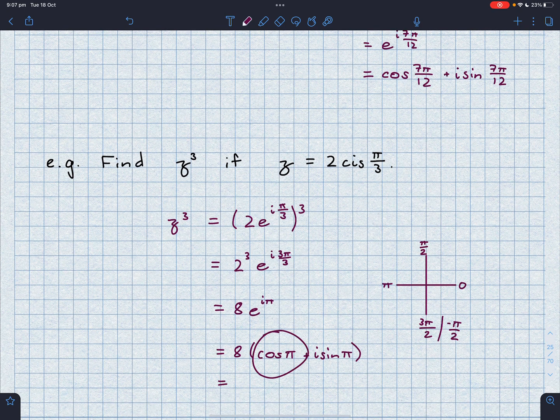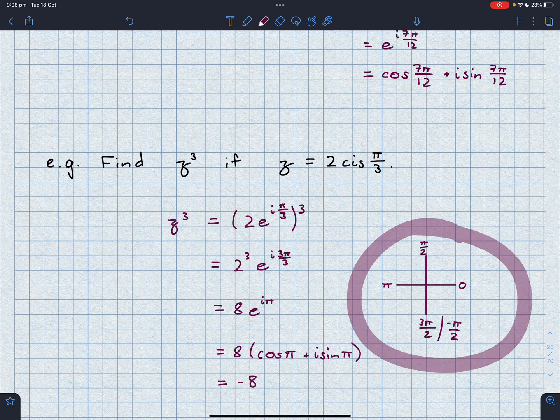And then I could see that cos pi is -1, so I get -8, sine pi is 0, so there is no imaginary component. Or I can just look at my Argand diagram and see that pi is actually on the real axis to the negative side of 0. So it's going to be -8.